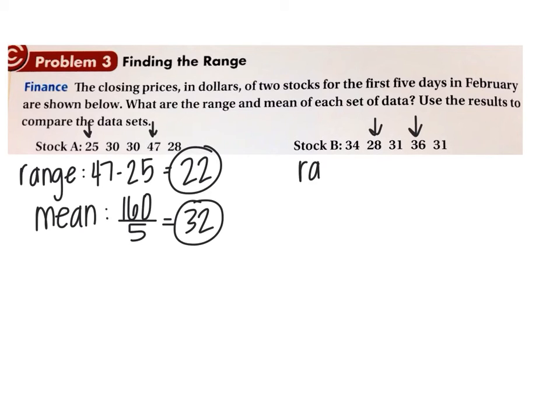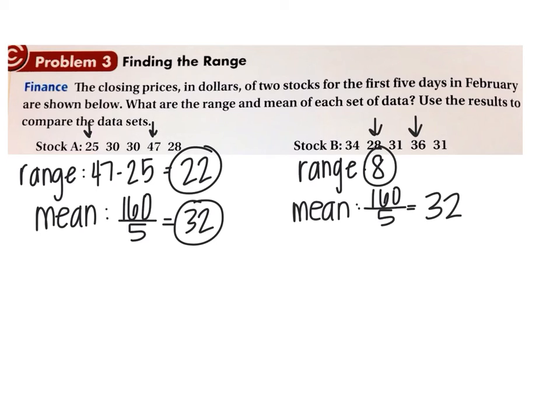So the range is going to be 8. And then your mean is going to be, again, 160 over 5, which again is going to be 32.